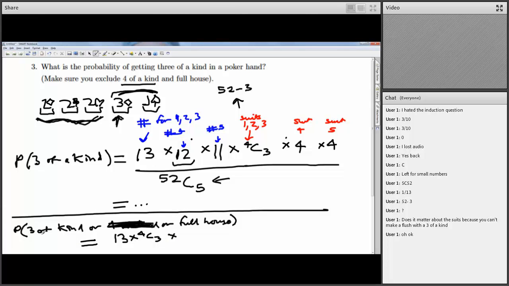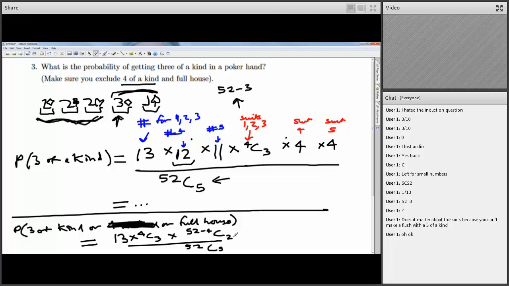And because we don't want the four of a kind, there are 52 minus 4, or 48 other cards we could pick from, and we want to pick 2 of them to make up the numbers, essentially. And we divide the whole thing by 52 choose 5.